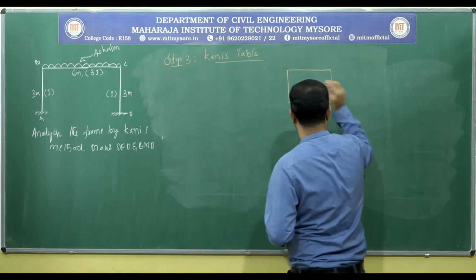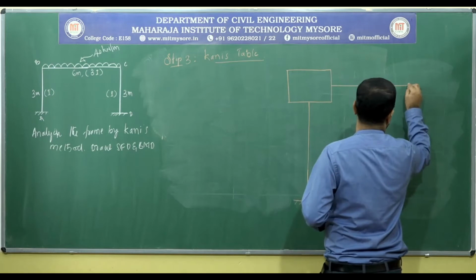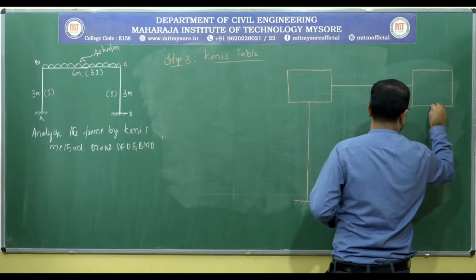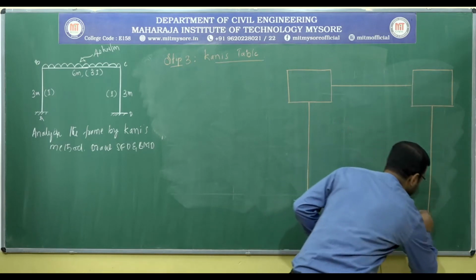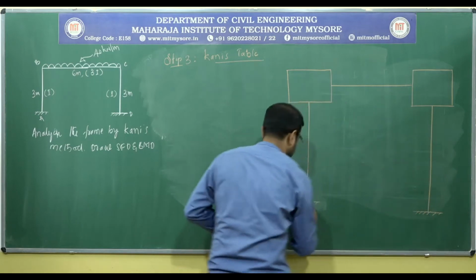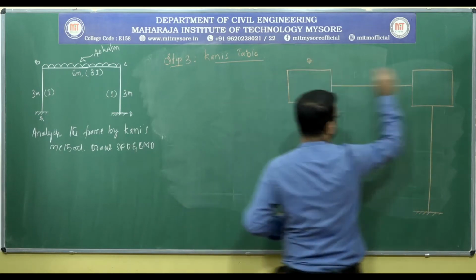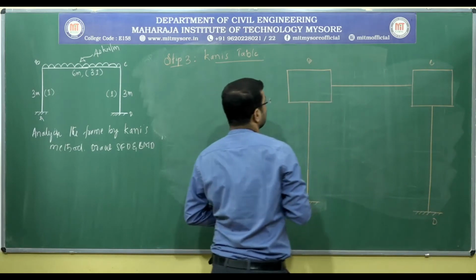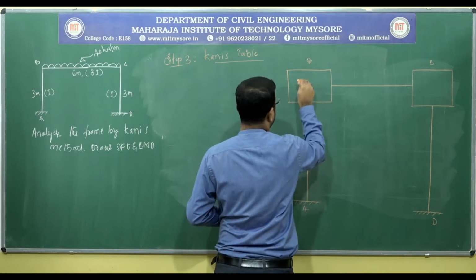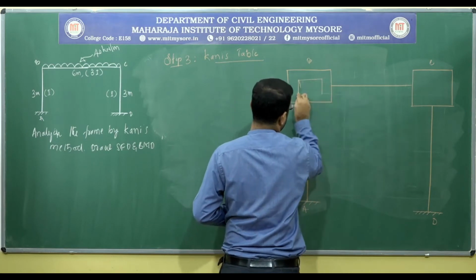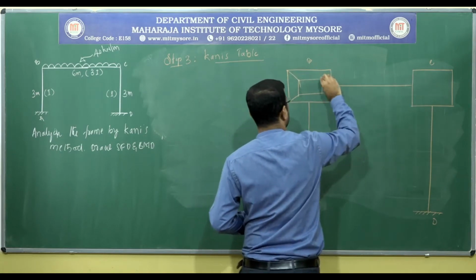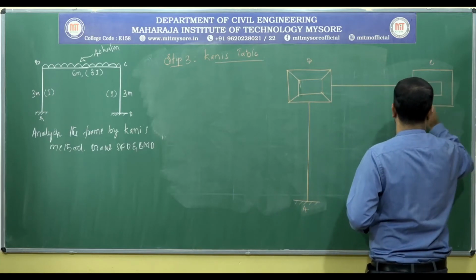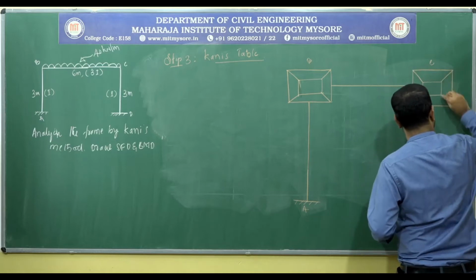This is member AB and this is joint B. This is member BC, this is joint C and this is member CD. Joint A, joint B, joint C and D. In the boxes I am going to draw one more small box for writing the sum of the fixed end moments at any joint.